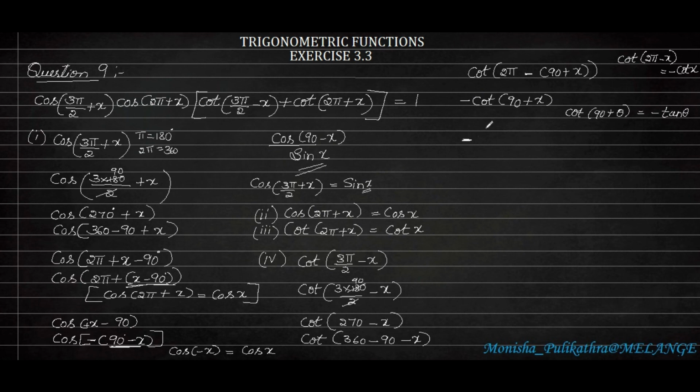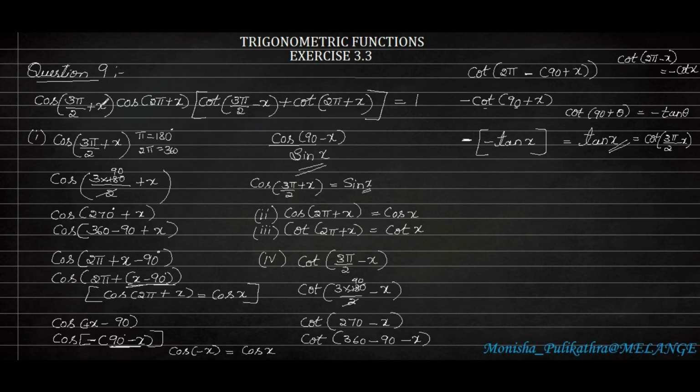Take it first, and then cot 90 will become minus tan. So this x we have to retain here. Minus into minus is plus tan x. So tan x is the value of cot 3 pi by 2 minus x.